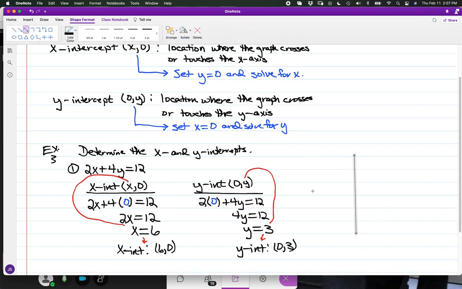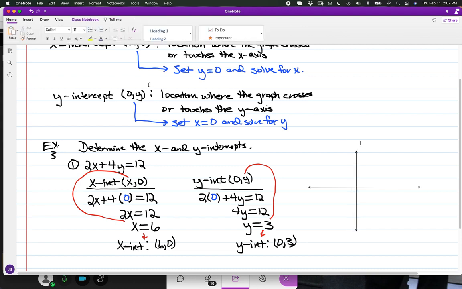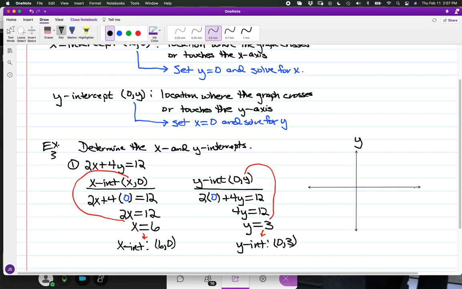Looking at this as a bit of a visual, you have your y-axis and x-axis, with the y-intercept and the x-intercept respectively at 0, 3 and 6, 0.